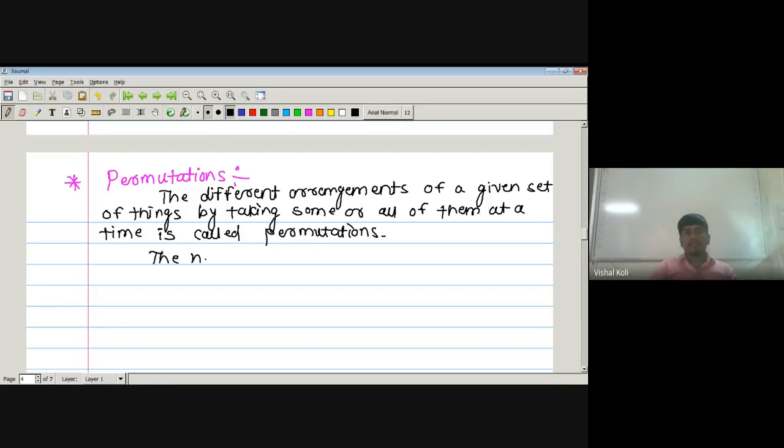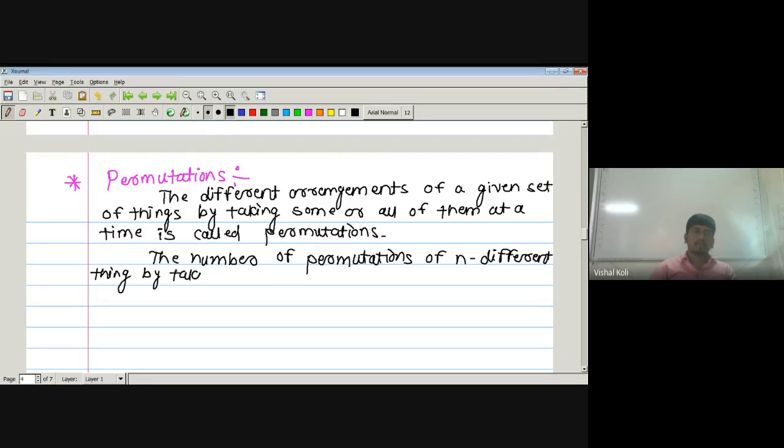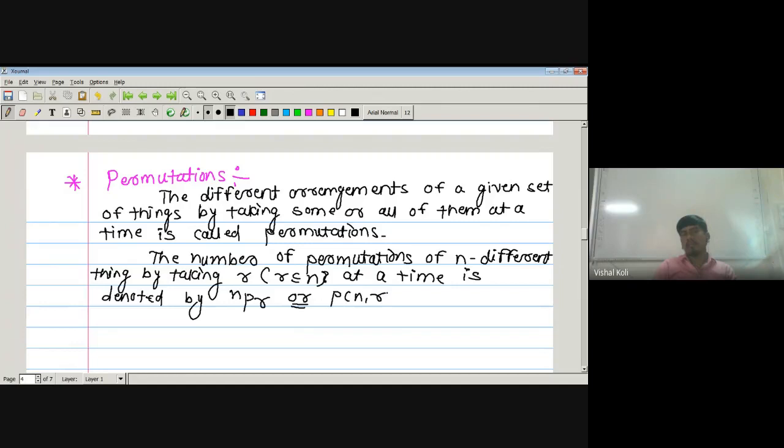And the number of permutations of n different things by taking r at a time, where we have taken these r things from these n things, so r must be less than or equal to n, is denoted by nPr or P(n, r).